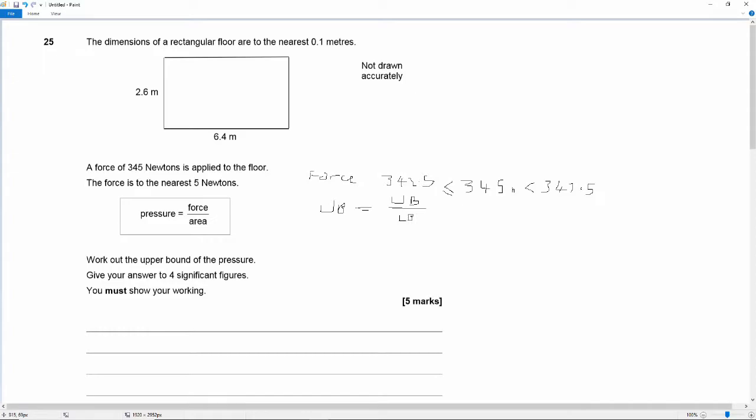So 0.1 divided by 2 is 0.05, and 0.05 away from 6.4 is 6.35. And then 0.05 added to 6.4 is 6.45.